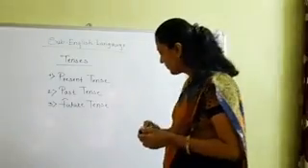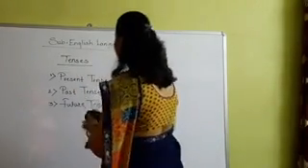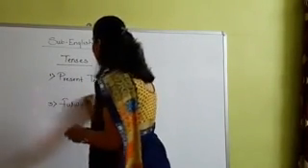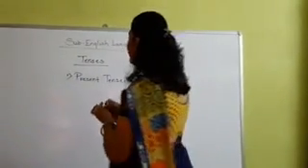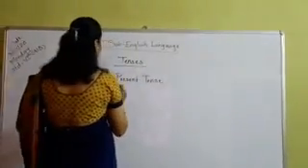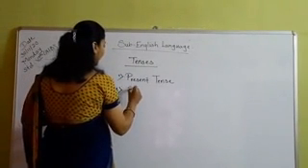Now see, let's take one example. First we are going to study present tense, okay? Now this present tense has four different types. First is simple present tense.